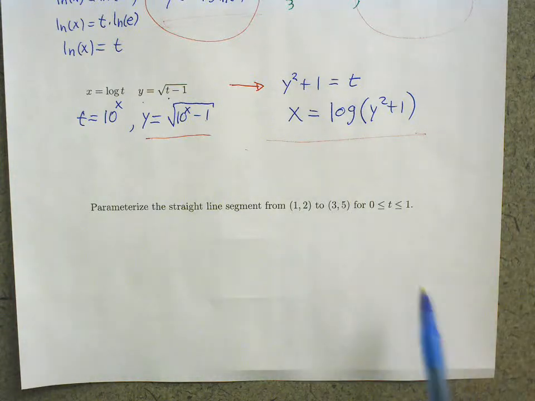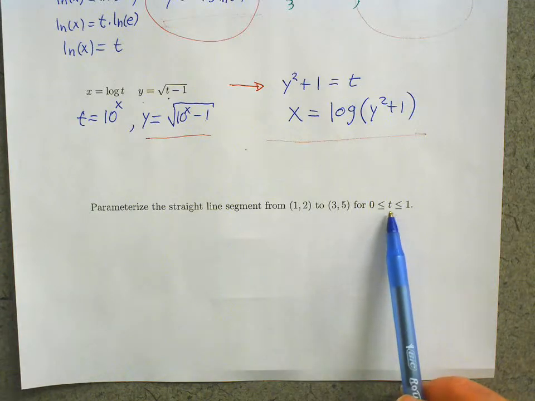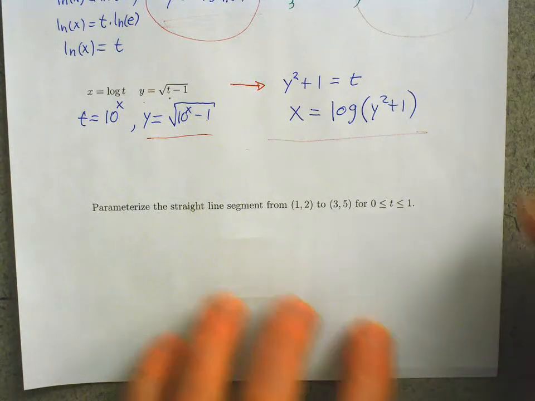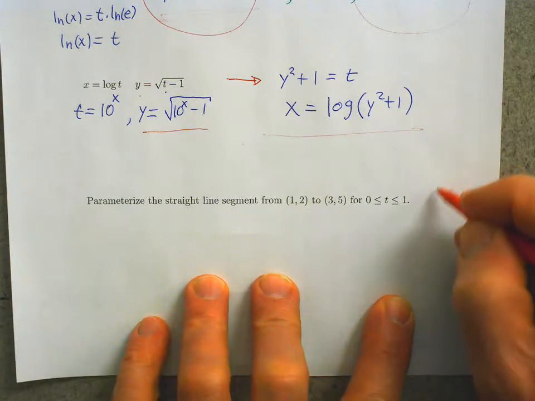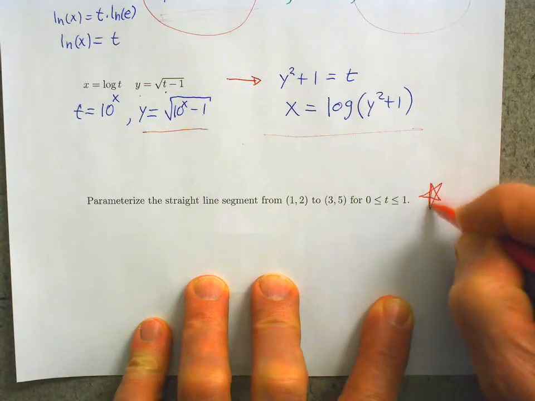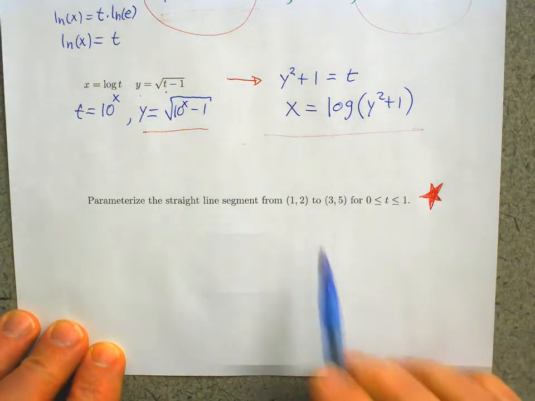And we're going to parameterize the straight line segment so that the t-values are between 0 and 1. So this isn't really that hard to do, but it's a useful thing to remember. How do we do that?